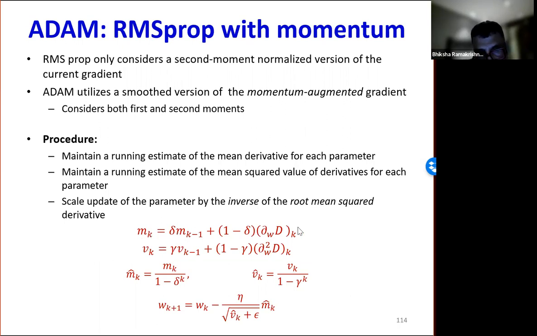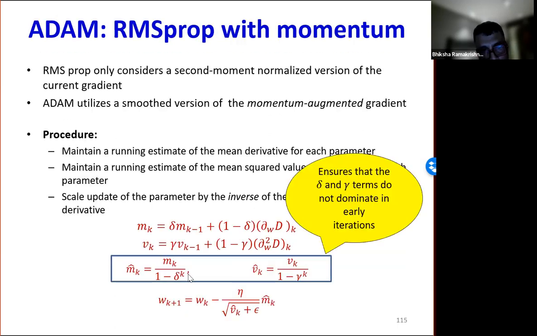You maintain a running average of the derivative. That's MK. You would maintain a running average of the squared derivative. That's VK. And then there's a strange MK over 1 minus delta raised to K. What is this delta raised to K? The reason you need it is that, if you didn't have this 1 over 1 minus delta raised to K, then typically you're going to initialize your running average to 0.